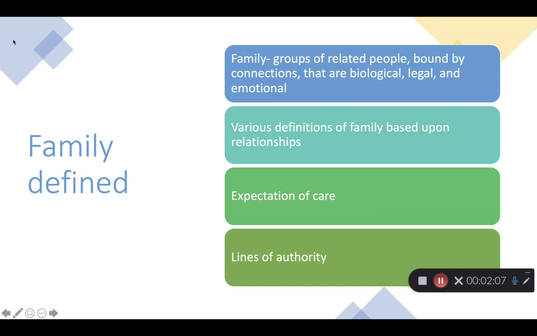So the book goes through and it gives a very broad definition of family. The book defines family as groups of related people bound by connections that are biological, legal, and emotional. But we have to ask the question, what does it mean by related? Does it mean related by blood? Or does it mean related by sharing a common social environment, for example?